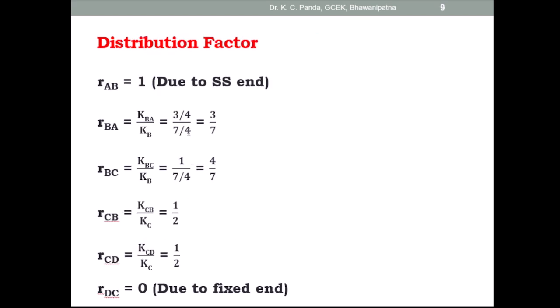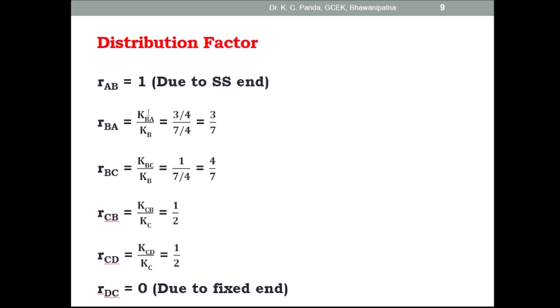Then find out the distribution factor for the members. As the support A is simply supported, the distribution factor is 1, that is RAB is equal to 1. And due to the fixed end at support D, RDC is equal to 0.